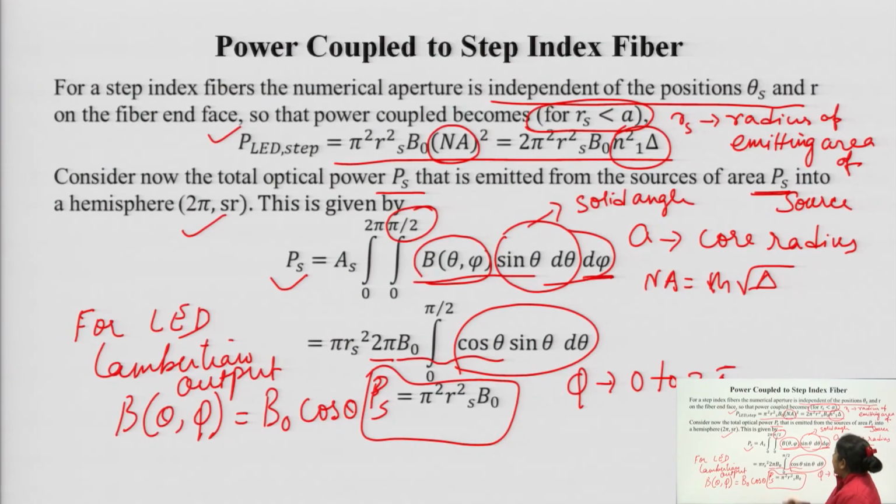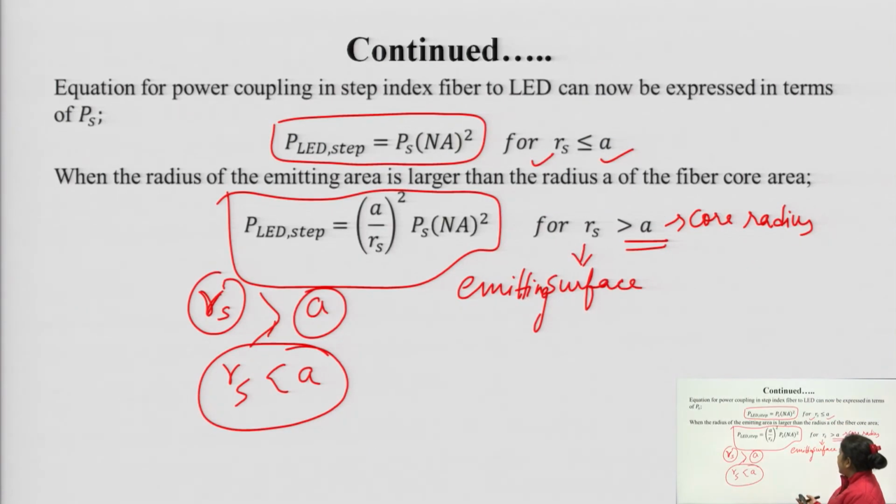After that, we went through the step index fiber power coupled, and for that we have seen that power coupled depends upon two important factors, that is, the surface radius of the emitting source and the radius of the core, and our power that has to be coupled into the step index fiber from the LED depends upon these parameters.